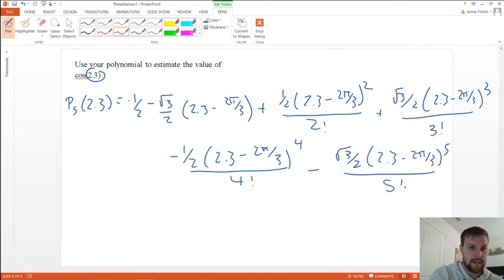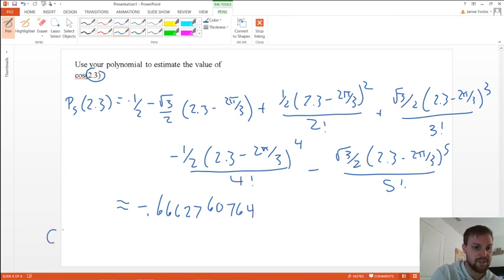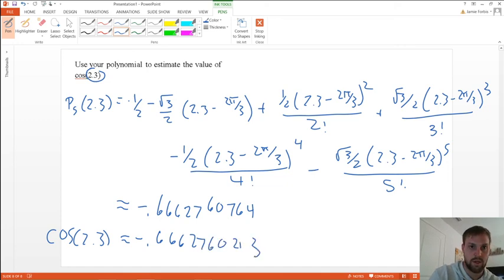All right, which is approximately negative 0.6662760764, oh that's lovely. If you actually did the cosine of 2.3 in your calculator, you'd get negative 0.6662760213.